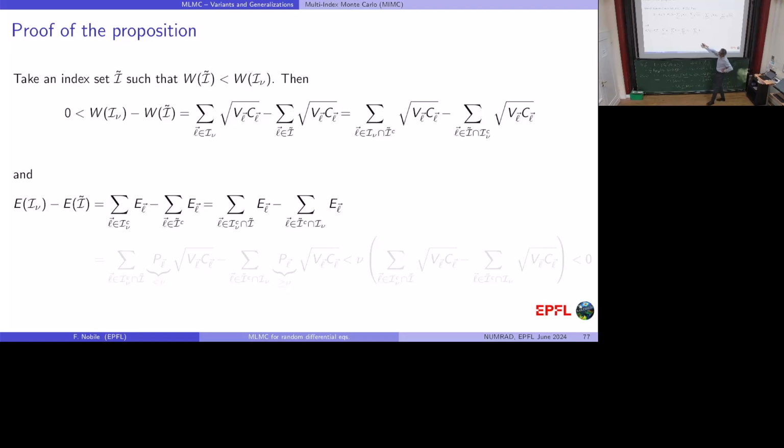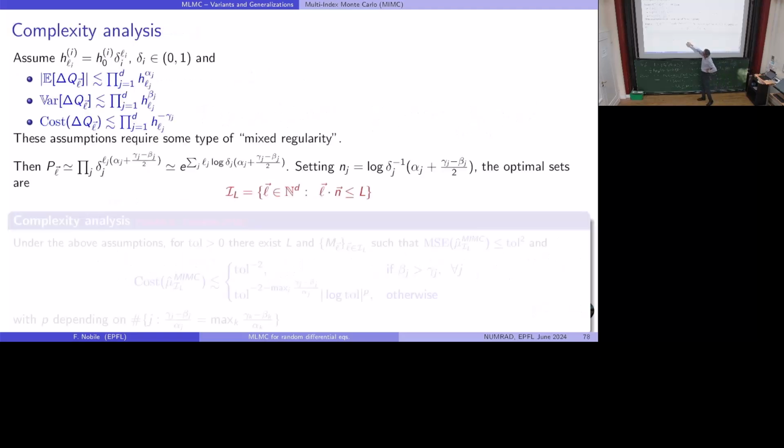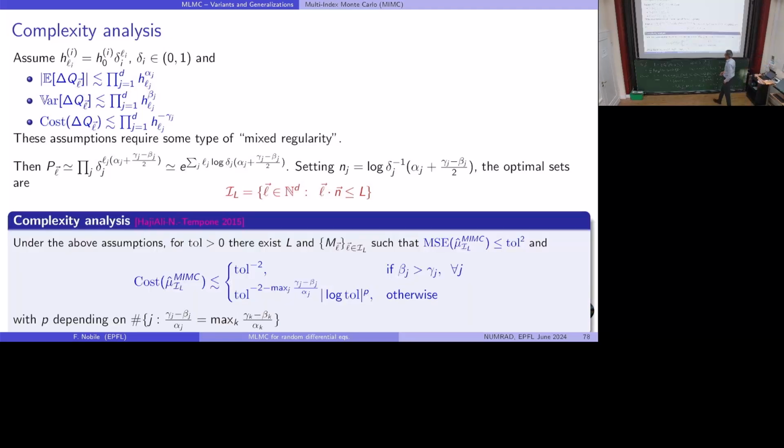So you get this expression for the profit, which I can write as the exponential of this weighted sum of the levels, and that's my criterion to threshold. The index set is defined by all the multi-indices for which this exponent is larger than some fixed value, which gives this type of simplices to select the indices.